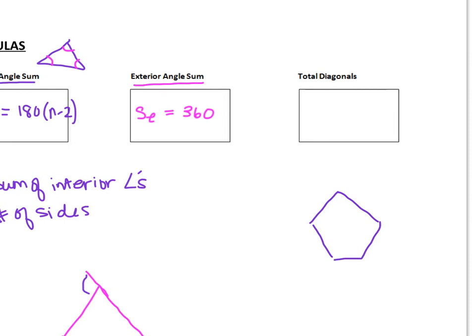Diagonals are going from one vertex, so you pick your vertex, and you want to go to the other vertices of the polygon. So right there, that gives us 2 diagonals, and you want to go to another vertex and make sure you get all of the diagonals.